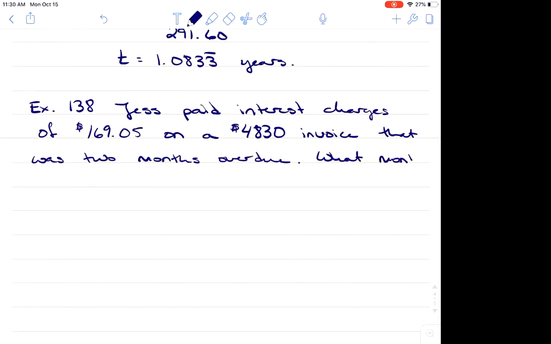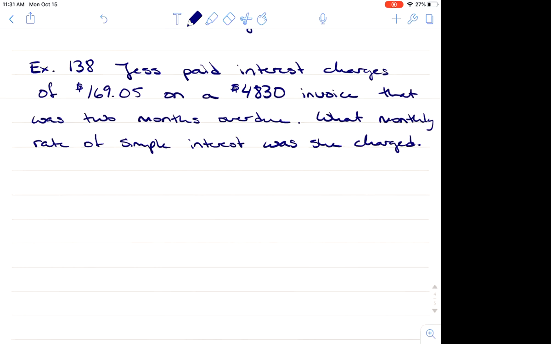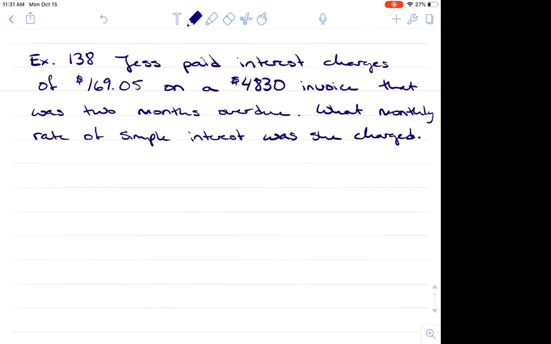What monthly, so monthly here, right? What monthly rate of simple interest was she charged?